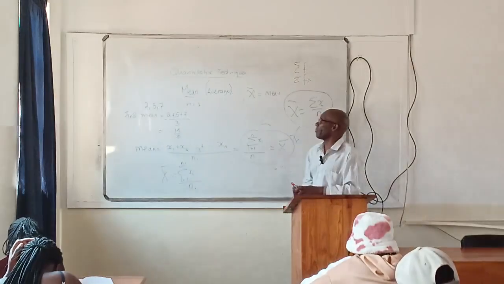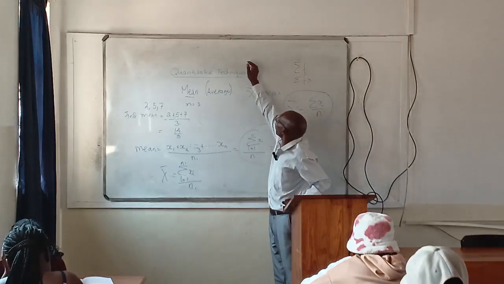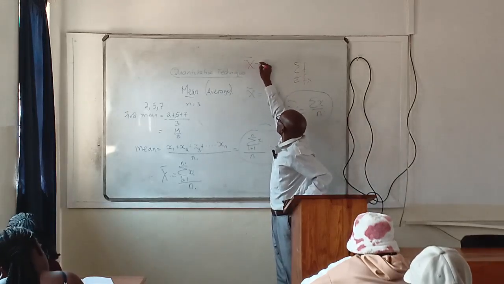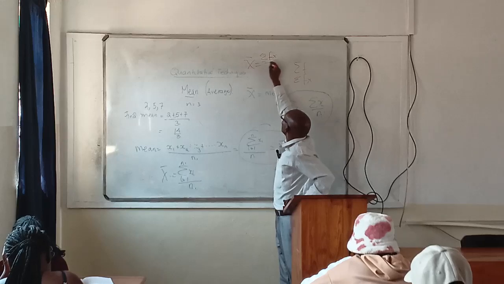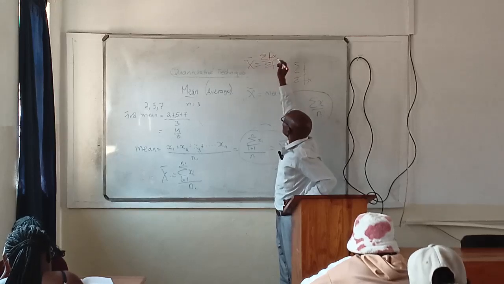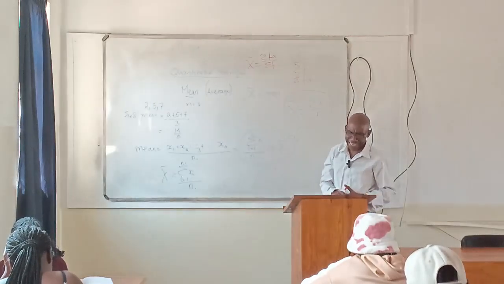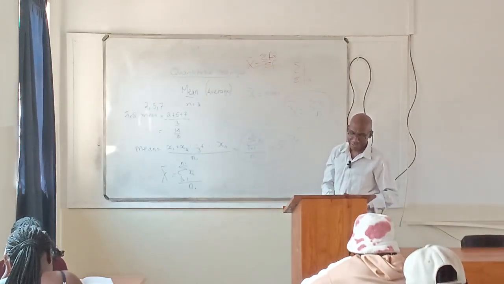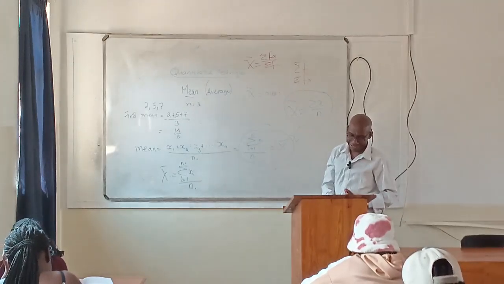The formula to find the mean, if you are given a distribution, is the mean equals the sum of Fx divided by the sum of F. Sum of Fx is 63, sum of F is 30. So x bar is equal to 2.1.